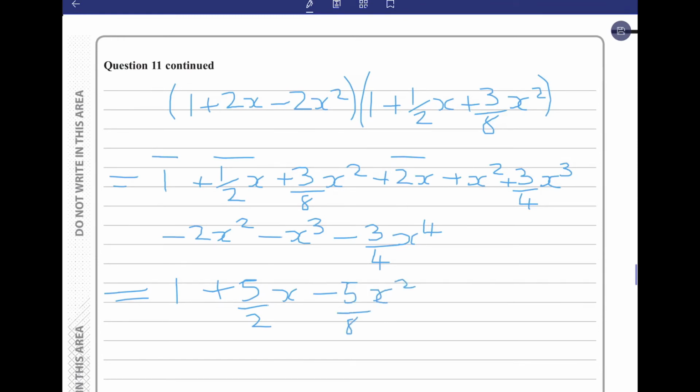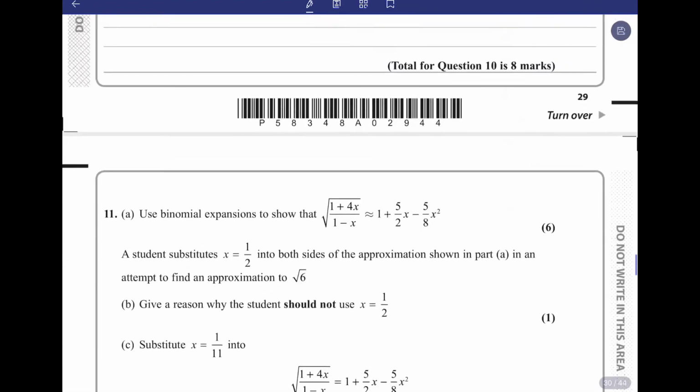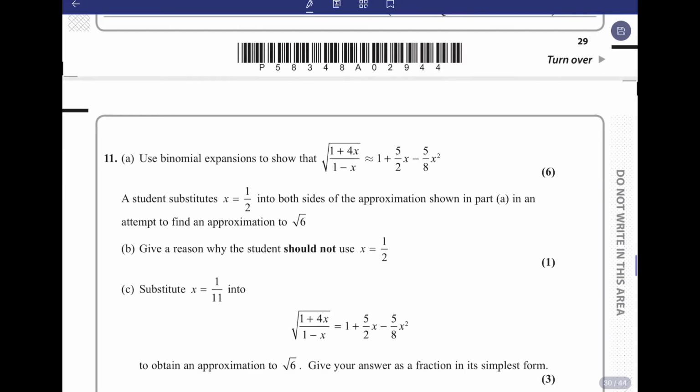Yeah, because we've got 3 over 8 plus x squared, which is 8x squared over 8, it's 11 over 8x squared, minus 16 over 8x squared is minus 5 over 8x squared. So we've neglected these terms here. So hopefully that makes sense, and that is the answer we were looking for, as we can see.